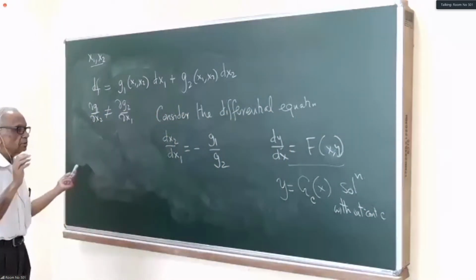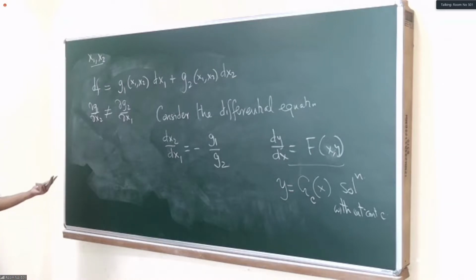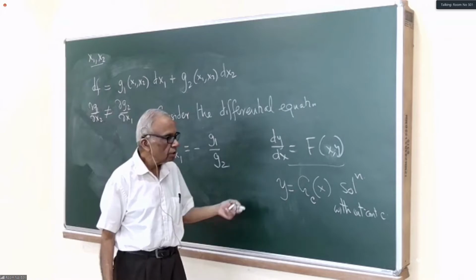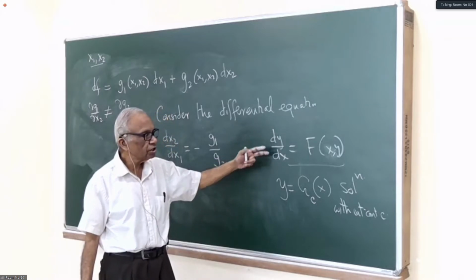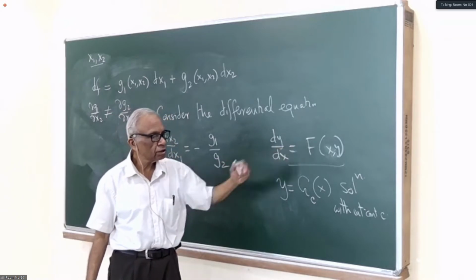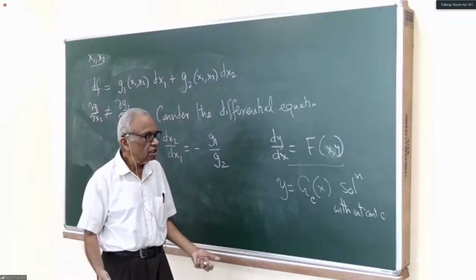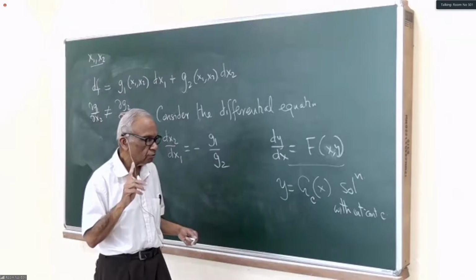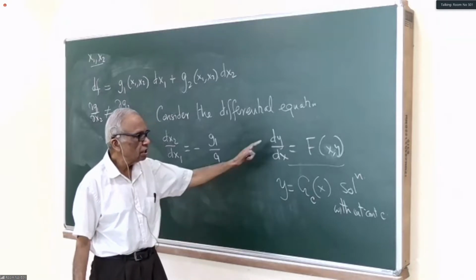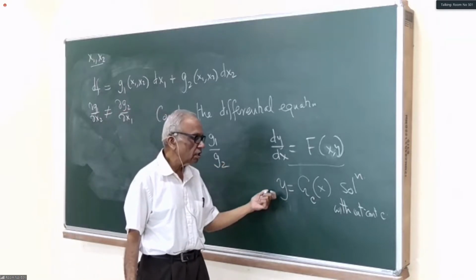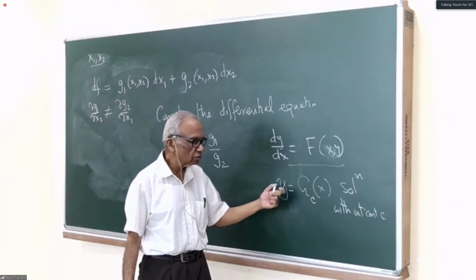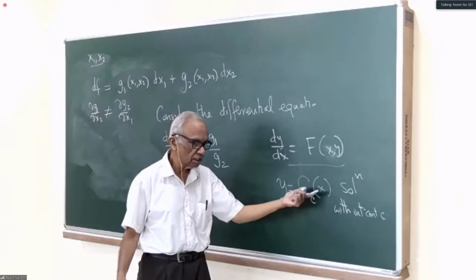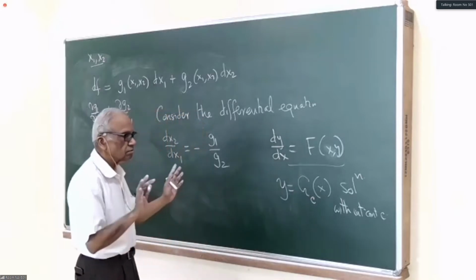That's what the standard literature tells you, that if I give you a differential equation dy dx equal to some function of x and y, it's a first order differential equation. Integration will get you one integration constant. So the answer is going to be y equal to g_c of x, where c is the constant.